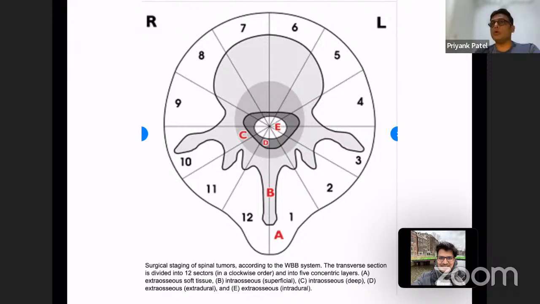When you're doing that, you dissect out and separate the body anteriorly on the left side and the right side. And then you go anteriorly and deliver the tumor from the anterior aspect. So the surgical plan has already been set based on the WBB system. All you have to do is execute that.